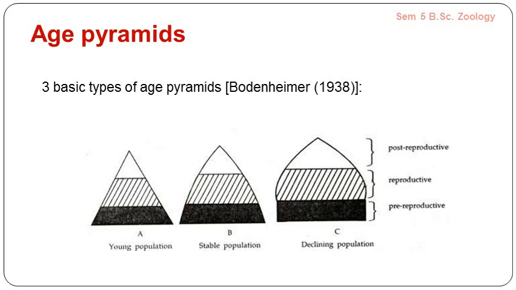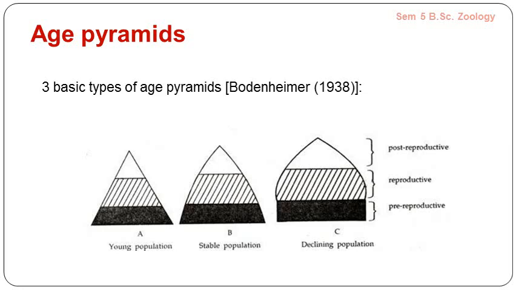So here you can see three different age pyramids. The first one is where the post-reproductive age group is comparatively less, while the reproductive age is the highly represented group. Okay, so a larger number of reproductive individuals are present in the first population, and this is actually a young population, and there could be population growth in the future.